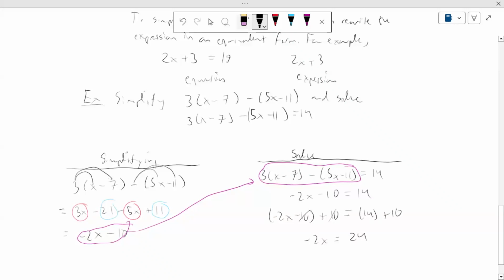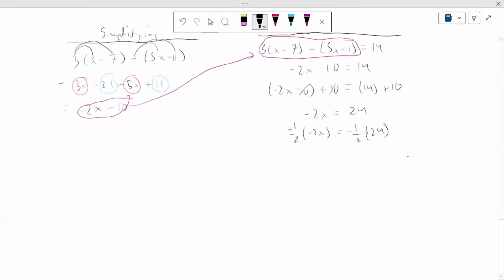And then now I need to divide by negative 2, which is the same thing as multiplying by negative 1/2. So negative 1/2 times negative 2x is going to be equal to negative 1/2 times 24. The negative 1/2 and the negative 2 will cancel to 1. So I have x is equal to negative 1/2 times 24, which is just negative 12.